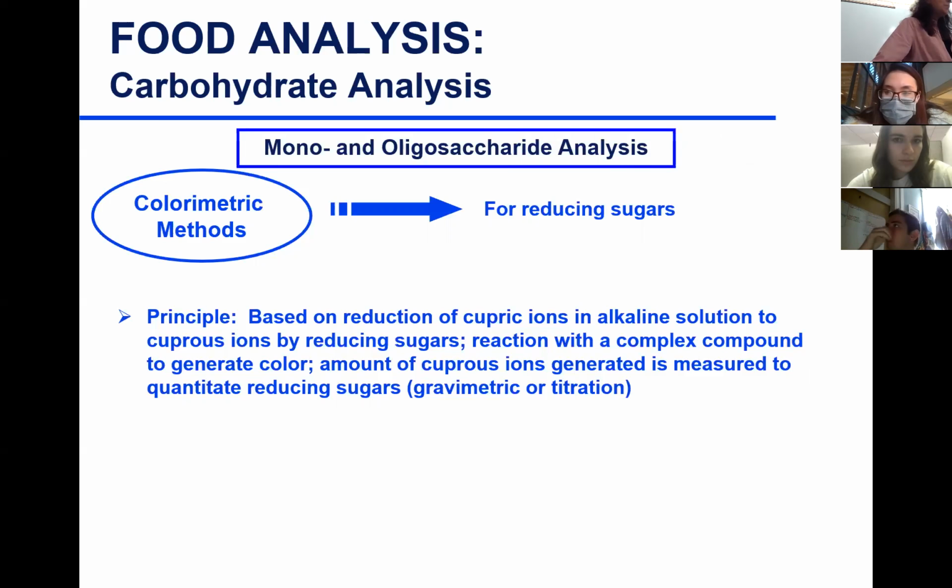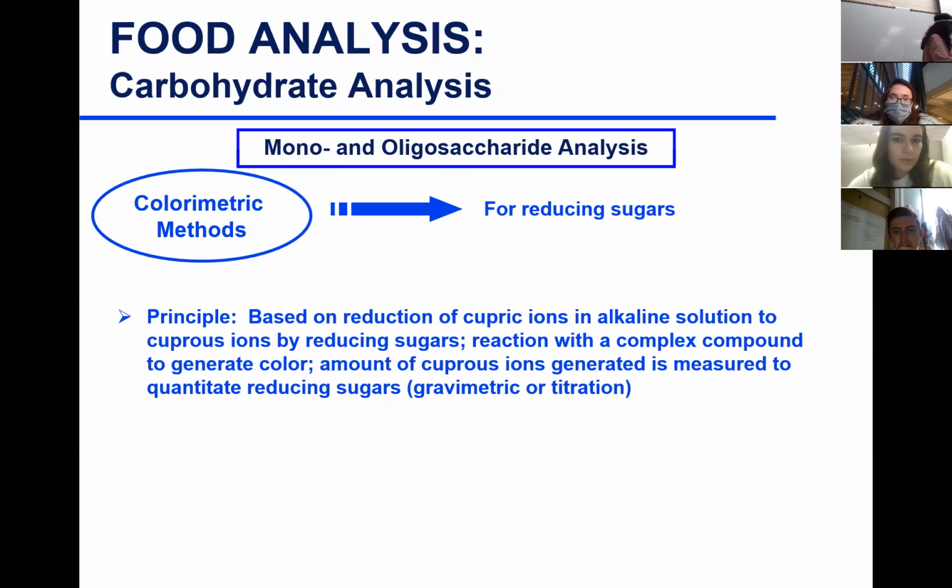The common method that we do, even in the lab, is the Somogyi-Nelson method. Somogyi-Nelson is basically the names of two people that came up with this method, and it's based on reducing cupric ions to cuprous ions. It is based on the reduction by the reducing sugar of cupric to cuprous in an alkaline solution to enhance the reduction reaction.